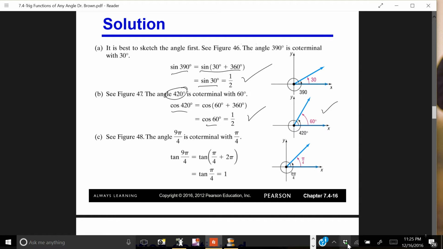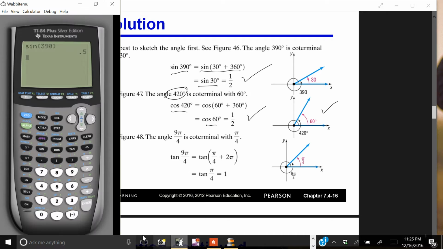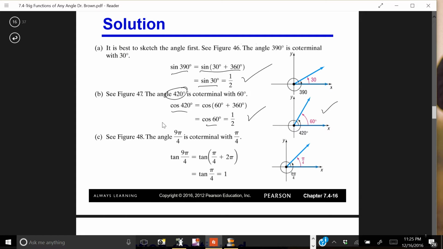Just one more time, let's calculate cosine of 420. We're already in the right mode, so this should be 1/2 again. So you can see your calculator is much faster than drawing this, but it's nice to understand about coterminal angles.